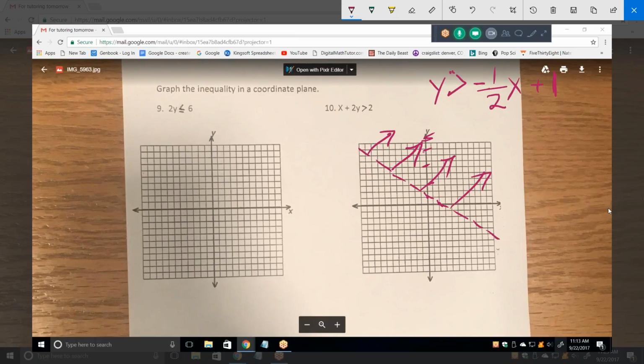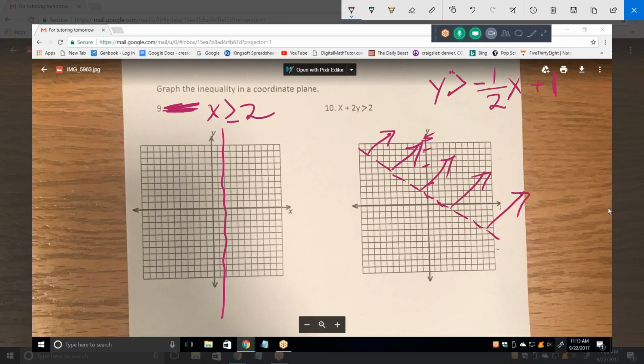Okay? Now, there's only one exception to that. I'm going to give you a real quick one. X is greater than or equal to 2. If I have a vertical line, which is what that is, now there's no above or below that line.